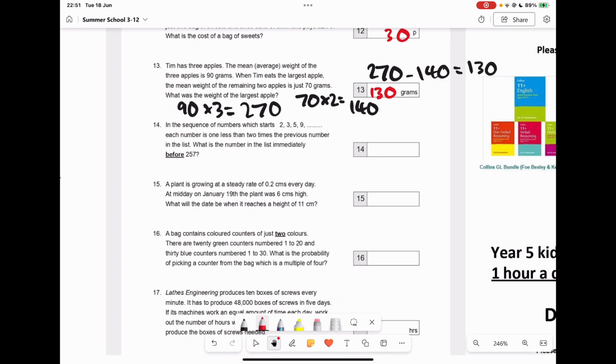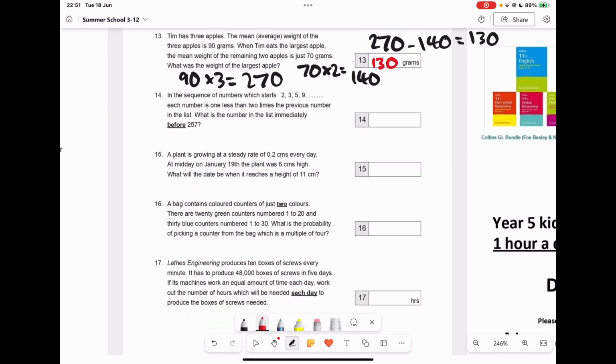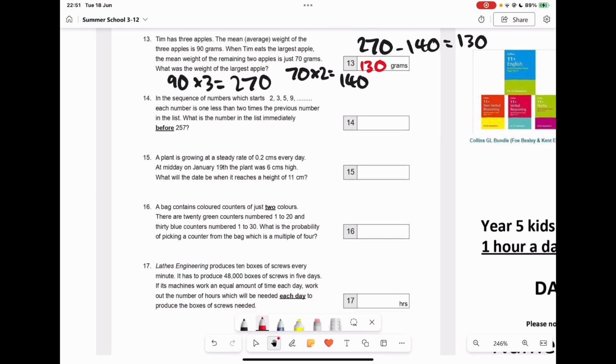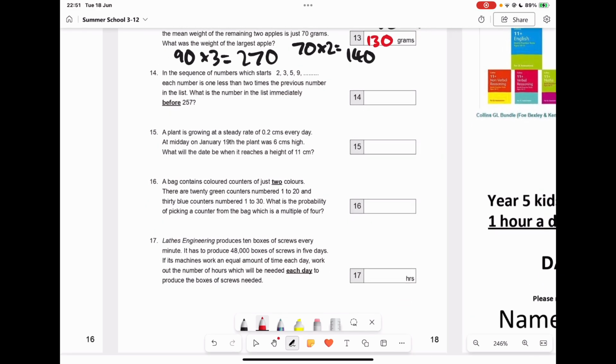Okay, in the sequence of numbers which starts 2, 3, 5, 9, each number is 1 less than 2 times the previous number. Okay? And then what is the number immediately before 257?